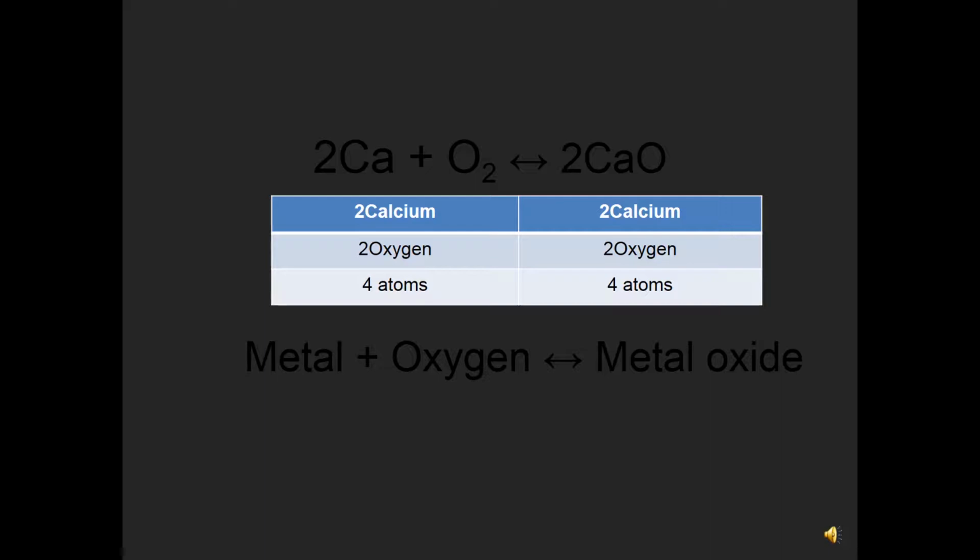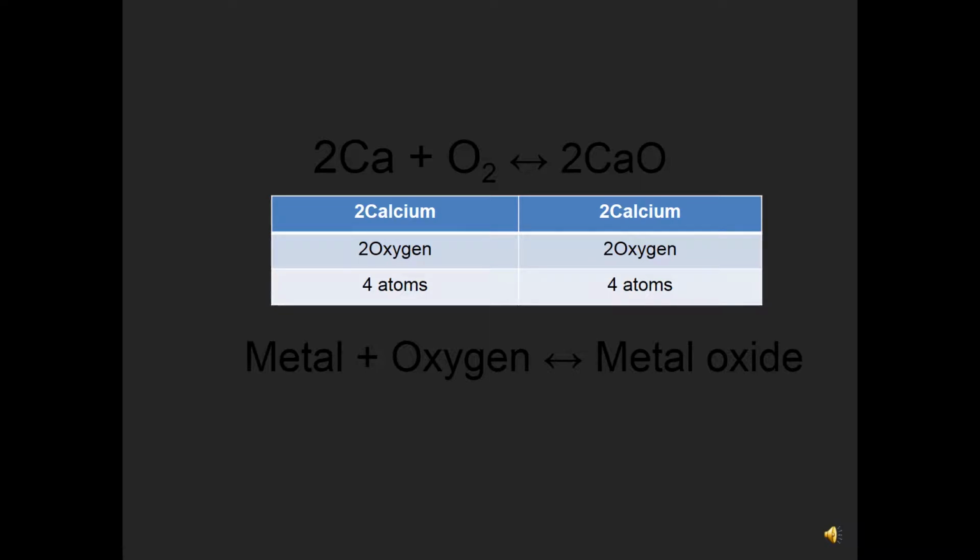When we balance out the equation, we look at the number of oxygen on the reactant side and we see that there's 2, and the number of oxygen on the product side, we see that there's 1. That's why we decided to add the 2, so that we balance out the number of oxygen on the reactant side with the product side.